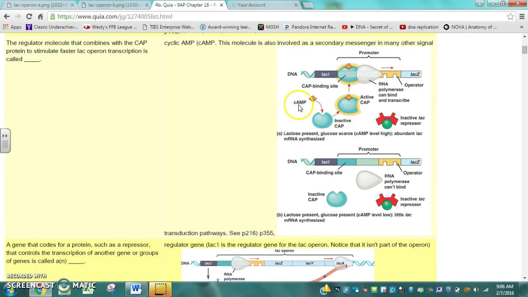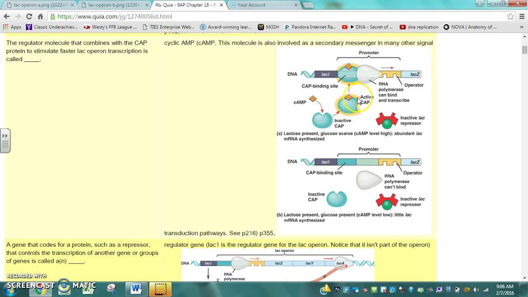Cyclic AMP, adenosine monophosphate, is basically a stripped down version of ATP. And the cyclic AMP interacts with other chemicals in your body called CAP, and it activates the CAP. And again, this is in prokaryotes, but it also happens in humans as well.